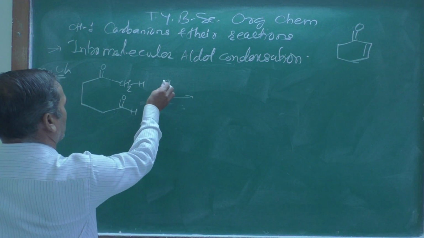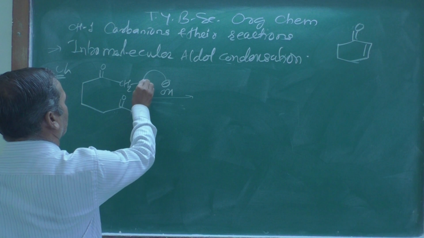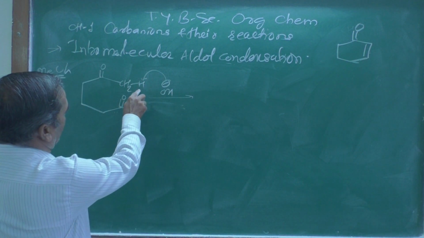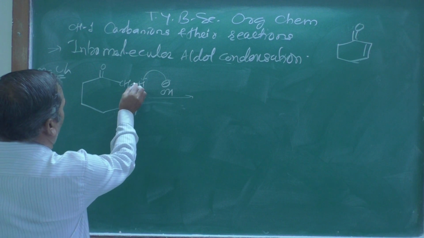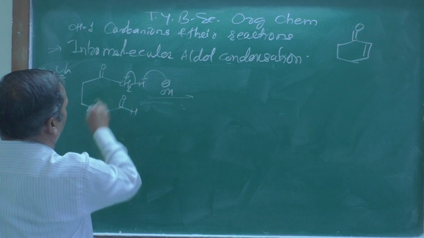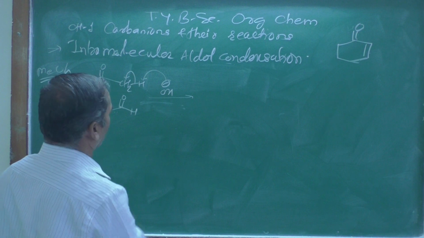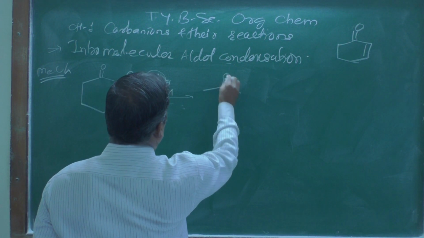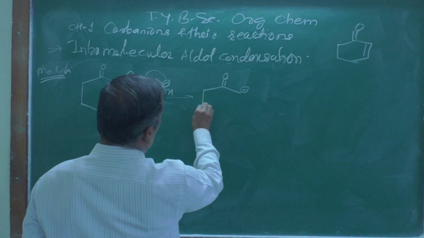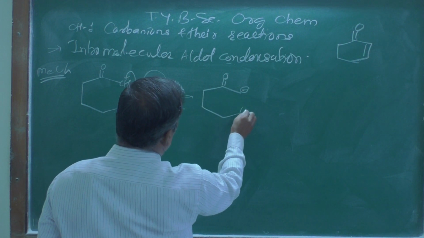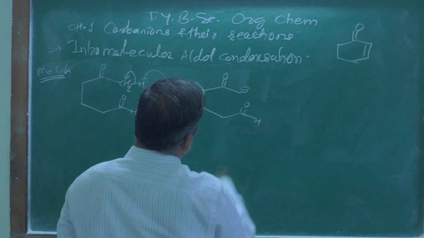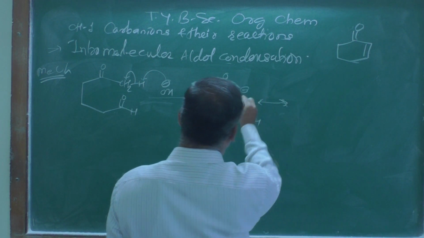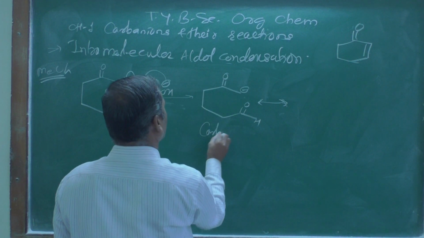What it will do here is pick up, or abstract, the proton. The proton gets abstracted by the base, leaving behind its bonding pair, and that's why we get C double bond O with a minus charge here, and then C double bond O H. Now we can draw the resonating structure, because this is nothing but a carbanion formation.